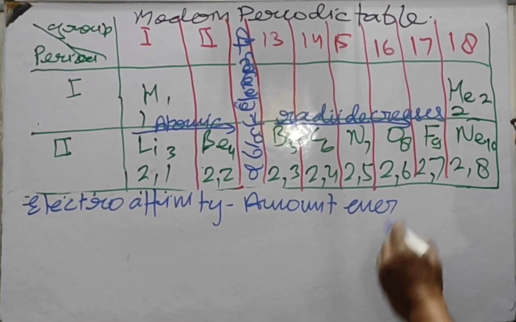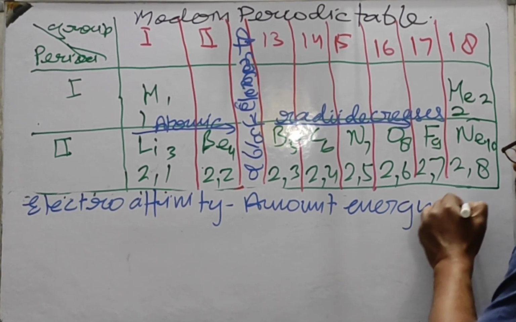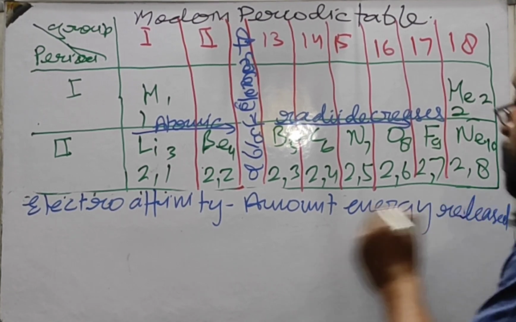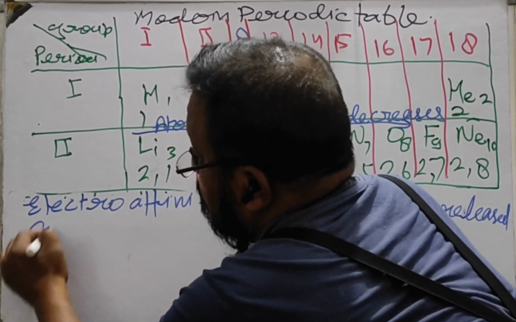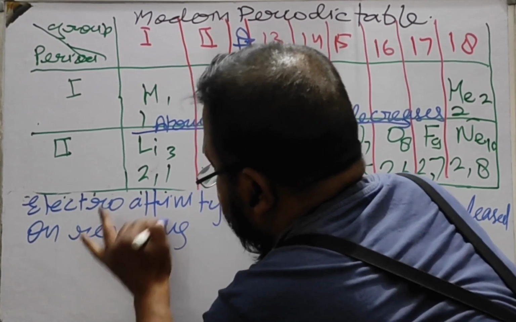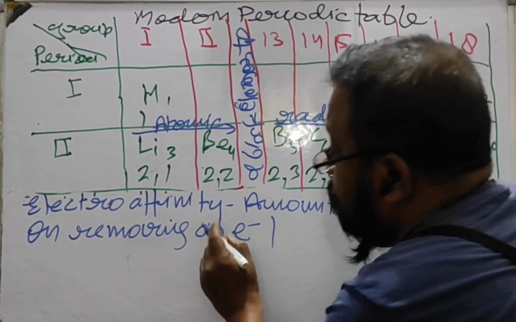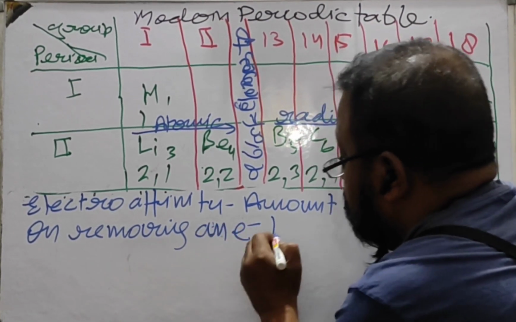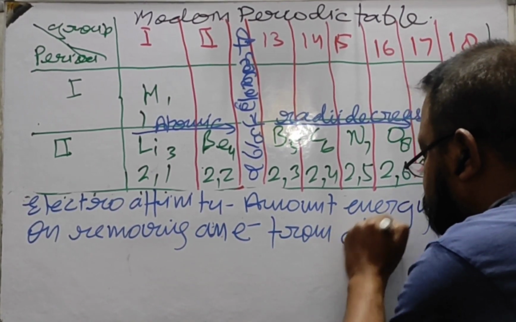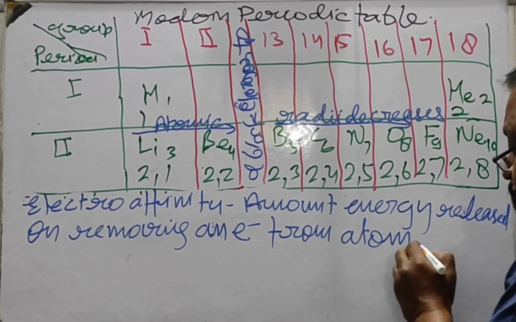Here, amount of energy released on removing an electron from an atom in gaseous state.